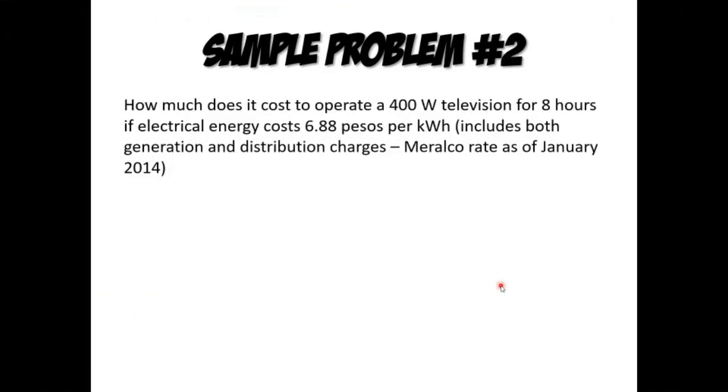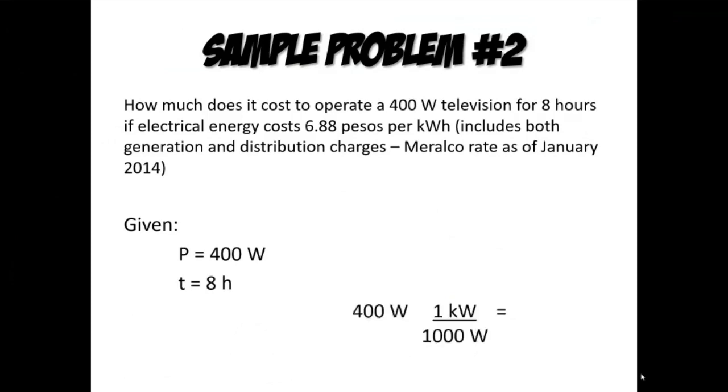How much does it cost to operate a 400 watts television for 8 hours if electrical energy costs 6.88 pesos per kilowatt hour, including both generation and distribution charges from the Meralco rate as of January 2014? We replaced it with 8 hours.